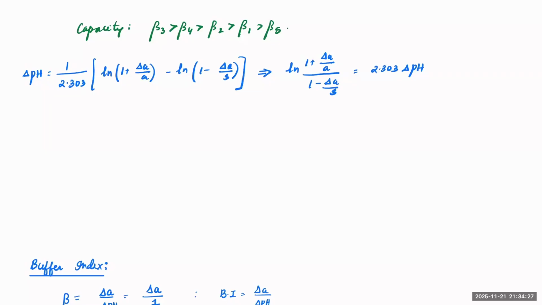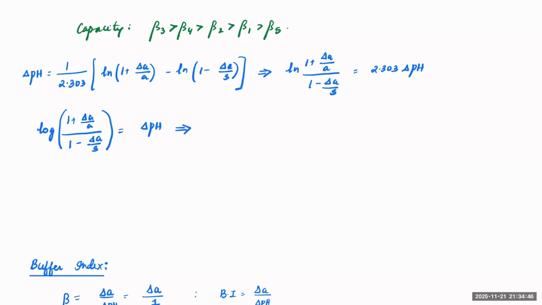There is no point of writing that in ln here. So log of 1 plus delta A by A divided by 1 minus delta A by S, that is equal to delta of pH. This is what we learned from the start.